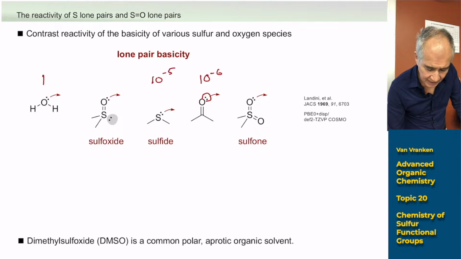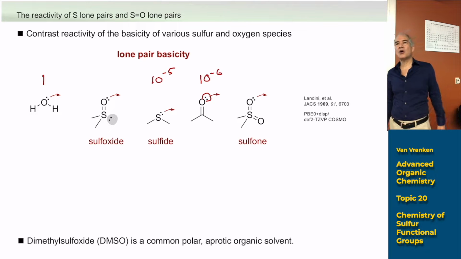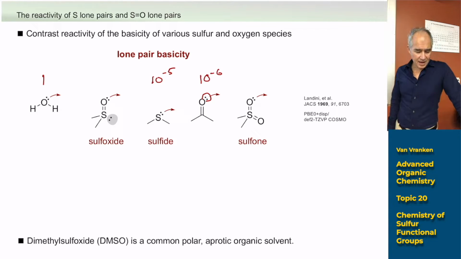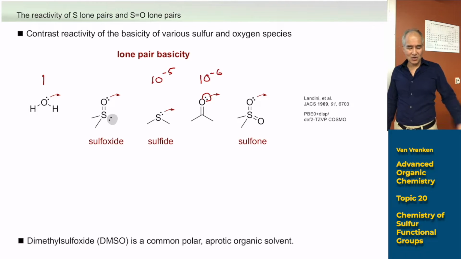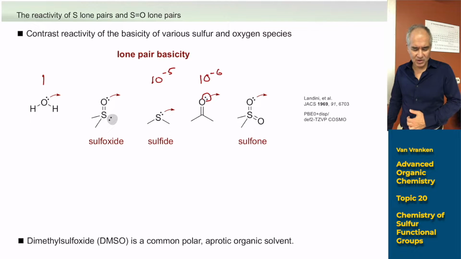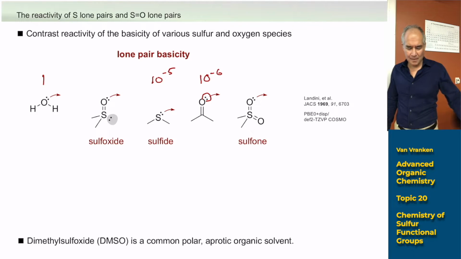So 10 to the minus 5, it's 100,000 times harder to stick a proton on sulfur. Transition metals love sulfur, lots of metals love to bind to sulfur, but protons, not so easy. Even throwing in hydrochloric acid, it's just not easy to stick a proton on sulfur. It doesn't make the sulfur happy.